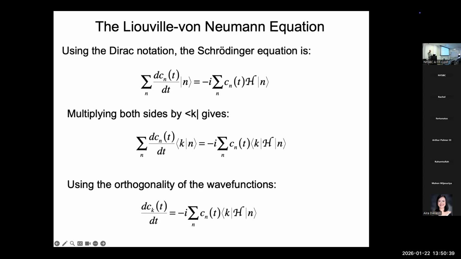First, I'm going to multiply both sides by a bra and then make use of orthogonality to end up with an equation now for the expansion coefficient. And this would be a very large number of different differential equations. I have one different differential equation for each value of k. So I'm going to have a big system of differential equations to solve.